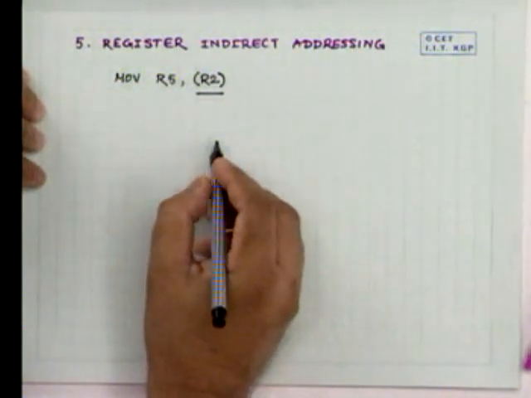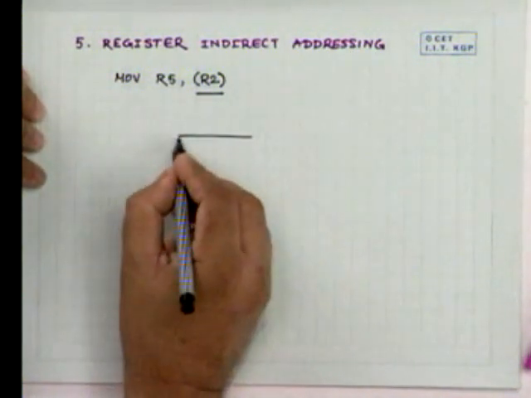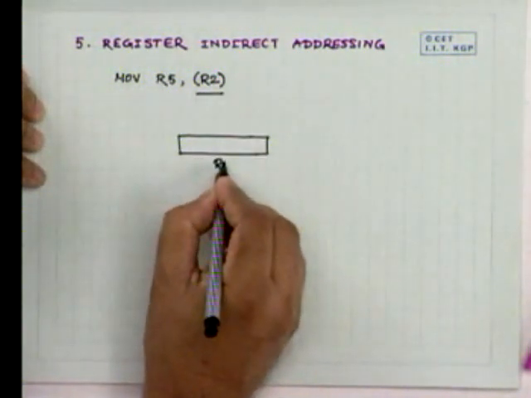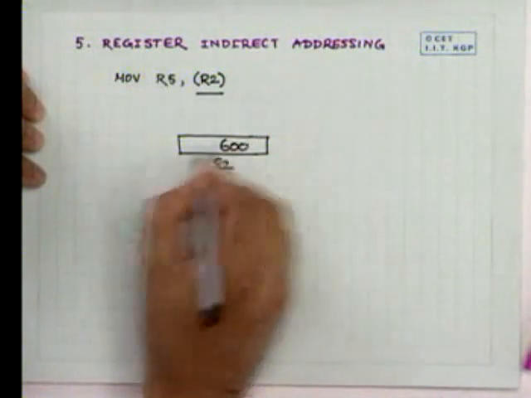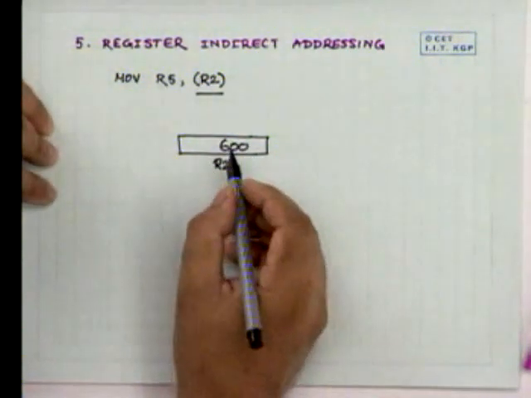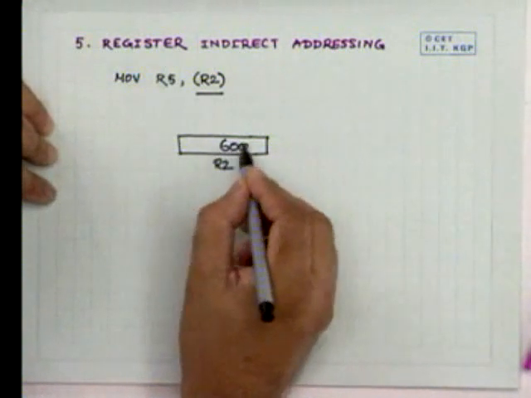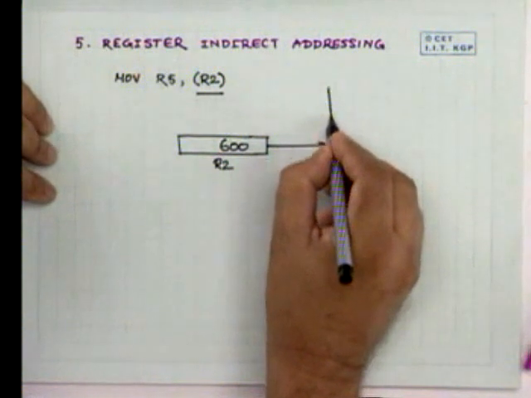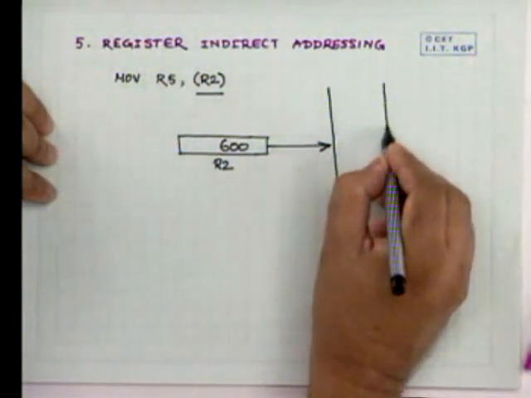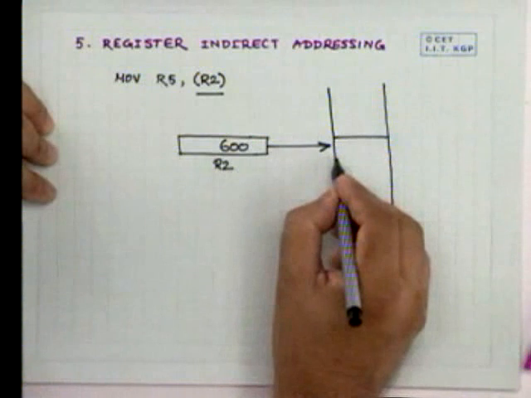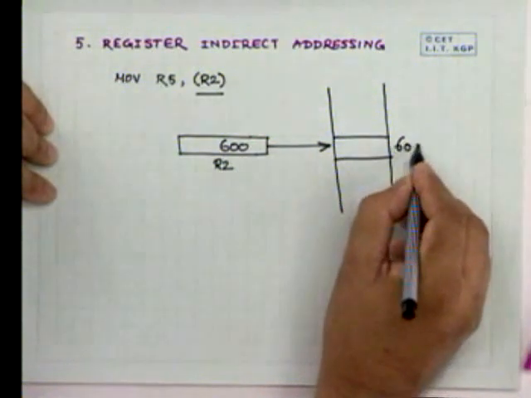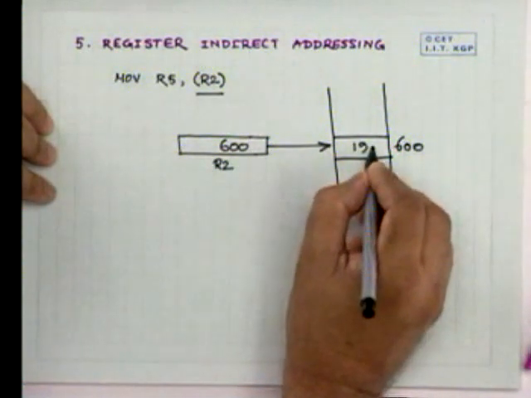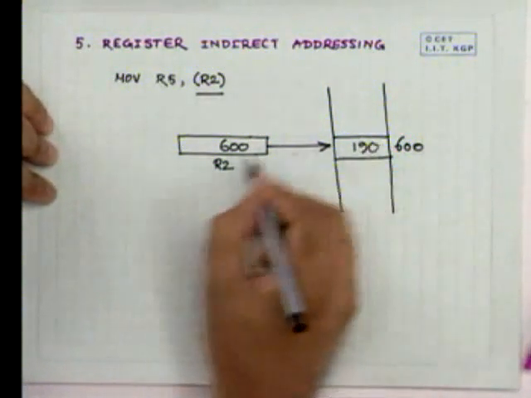Just to give an example, let us see, let's say this R2 contains, say, 600. Then this 600 is not the operand. R2 now points to the memory location 600. Whatever is contained in that memory location, say 190, this is the operand.